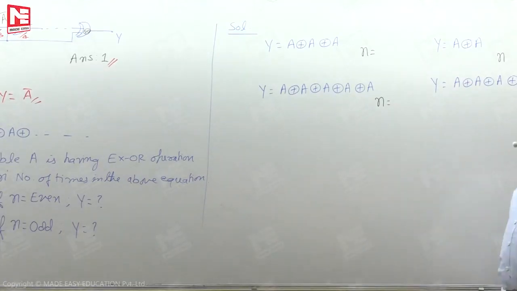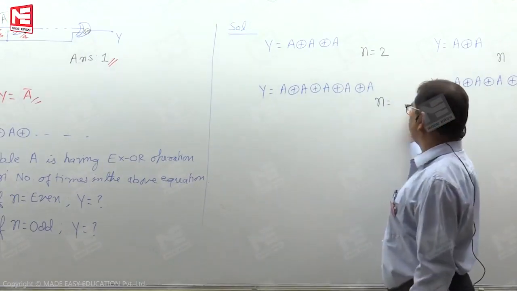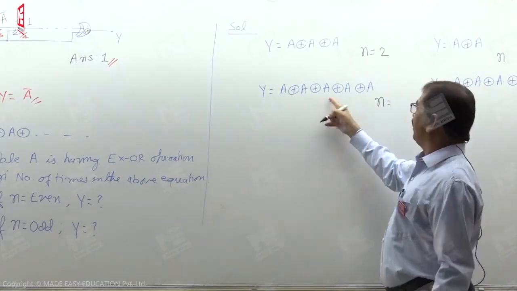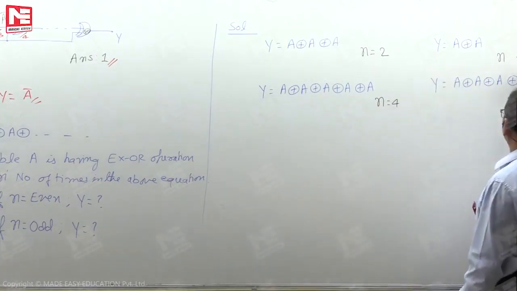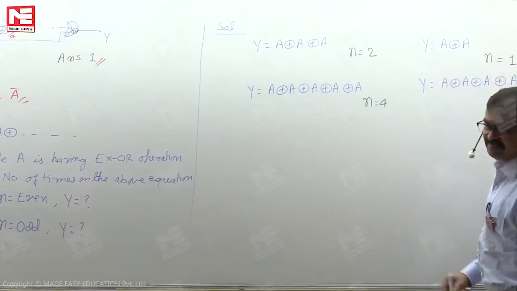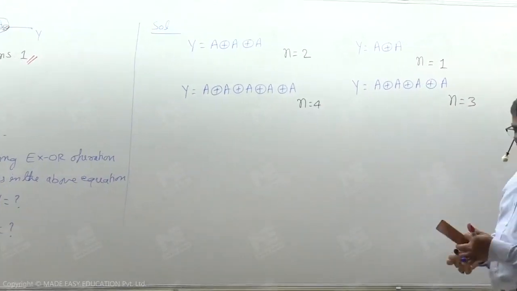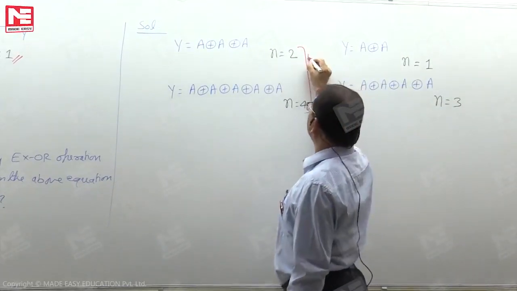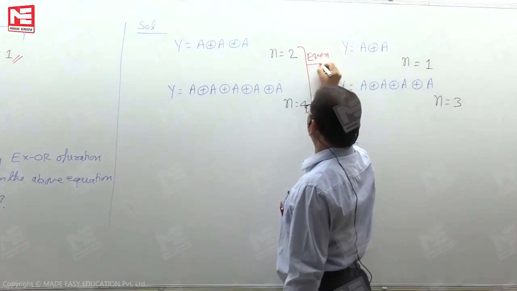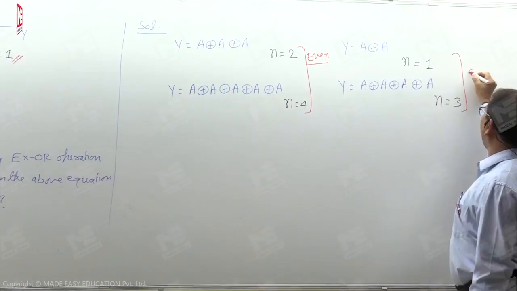Based on the question, if you look here, n is 2. Here n is 4. Whereas here n is 1. Whereas here n is 3. Hence, based on the question, it is a case of even and it is a case of odd.